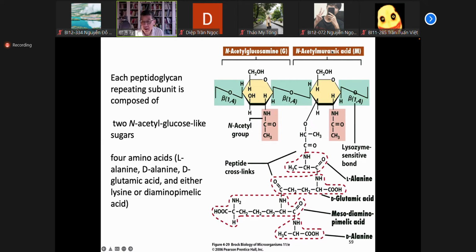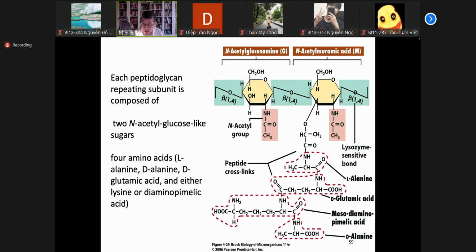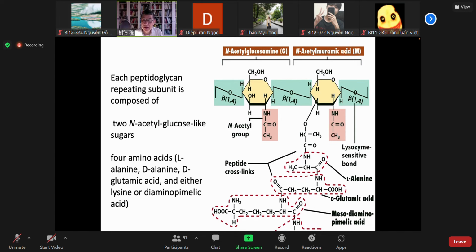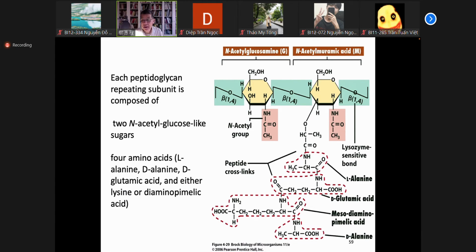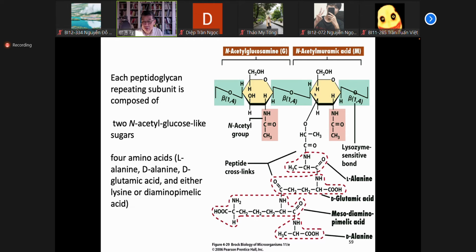It's also a Greek word for wall. Teichoic is, I think, Latin. Mura is Greek. Western science uses a Greek or Latin name for the scientific name. So this muramic acid is also a wall acid.